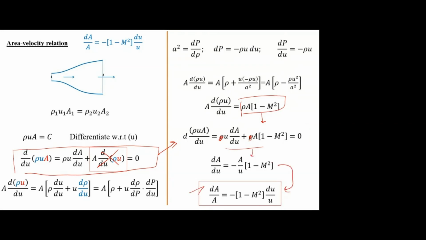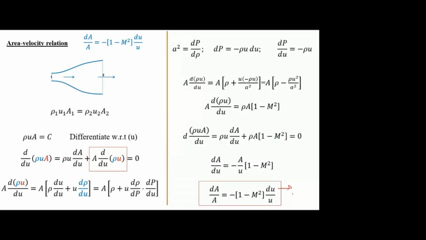Normal rearrangement. Then using this equation, they are finding how subsonic and supersonic flow changes in the convergent divergent duct. First we will see the subsonic. For example, I am taking Mach number of 0.2, subsonic.